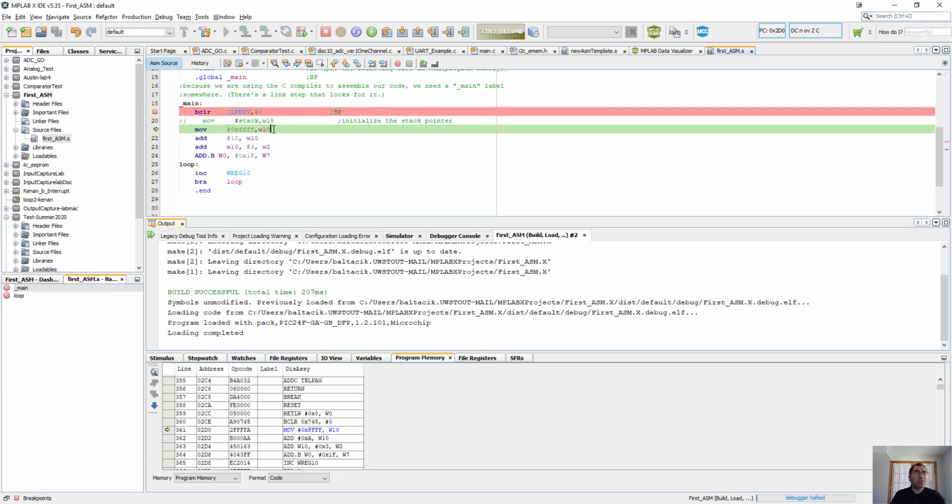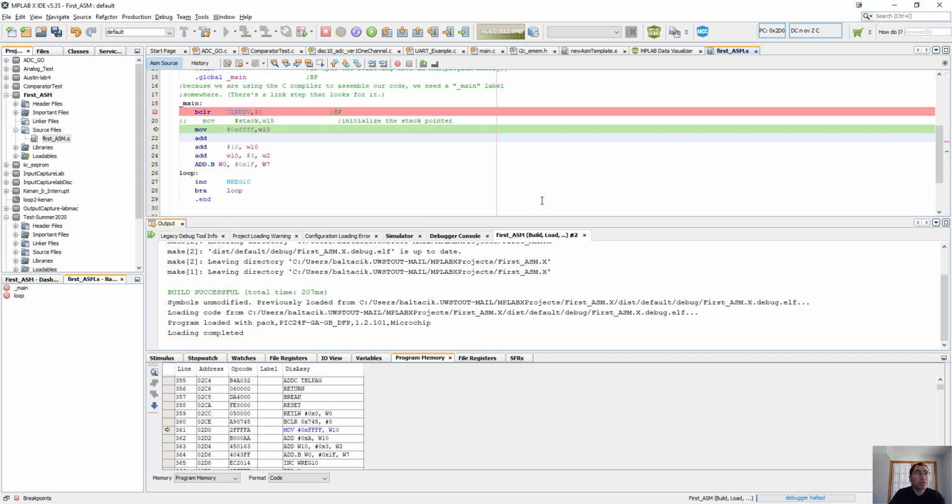I can put the same instruction here. Add, what was the value?